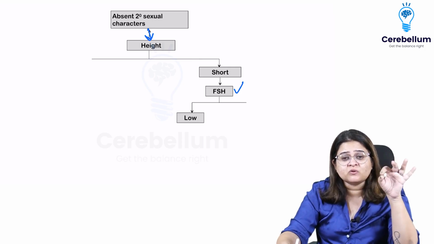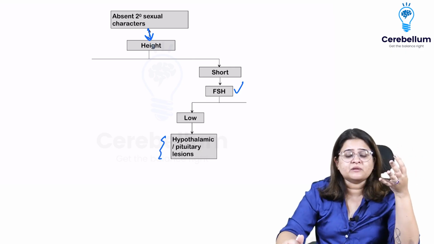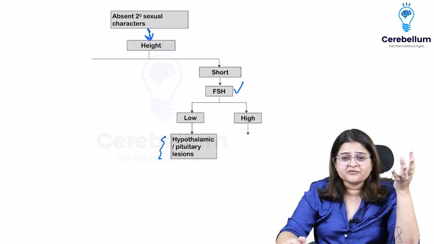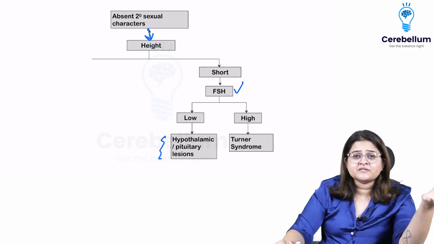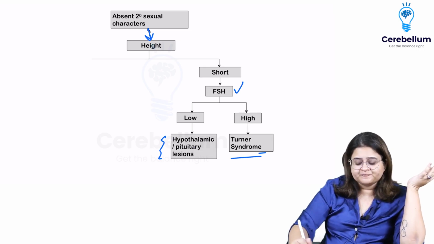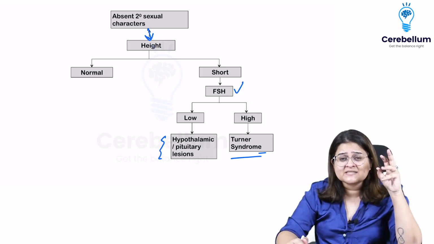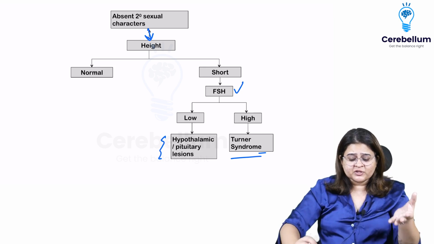If the FSH is low, however, that means the problem is higher up, somewhere in the hypothalamus and the pituitary. A high FSH with a short height with secondary sexual characters being absent is definitely going to be Turner syndrome. If the height in the question is given to be normal, we still need to know where the problem in the HPO axis is.